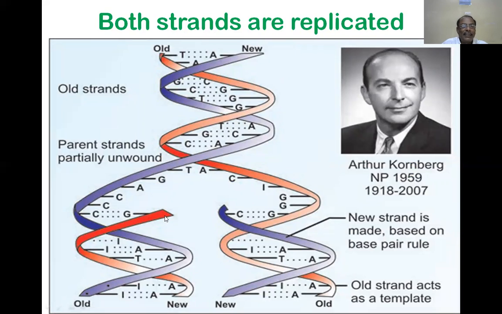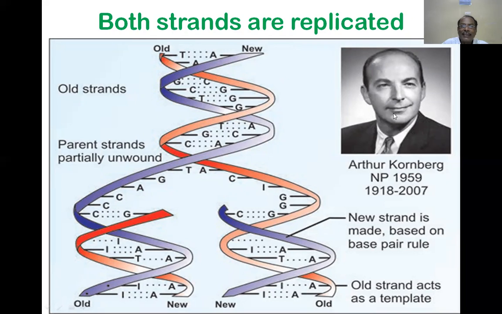What is needed? A new strand is to be synthesized. How can it be synthesized? A nucleotide needs to be joined to another nucleotide by phosphodiester bonding. And who does this bonding process? An enzyme. What is that enzyme? DNA polymerase. This DNA polymerase was originally discovered by a Nobel laureate, Arthur Kornberg, and his discovery was immediately given a Nobel Prize in 1959 itself.